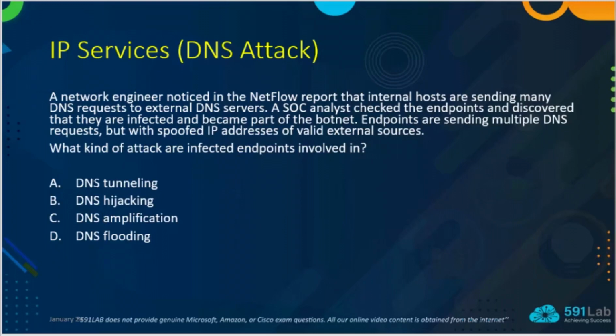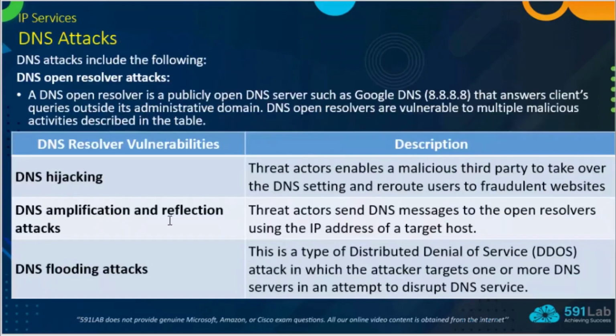That's not DNS tunneling. That's not DNS hijacking, because DNS hijacking is when you're able to hijack your DNS, slip into your DNS, and then start to redirect users to a fraudulent site. But if you look at our option C, which is DNS amplification, you can see that threat actors send DNS messages to an open resolver using the IP address of a target host.